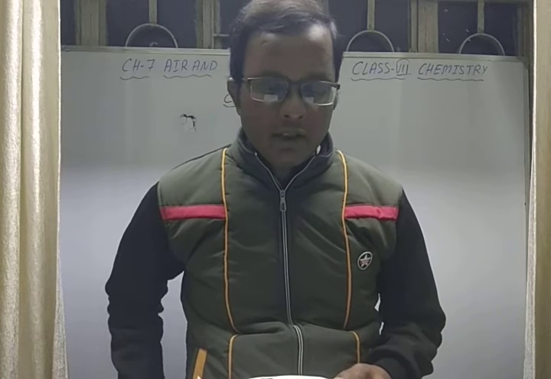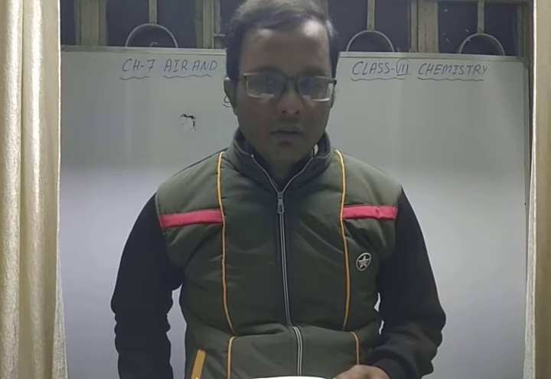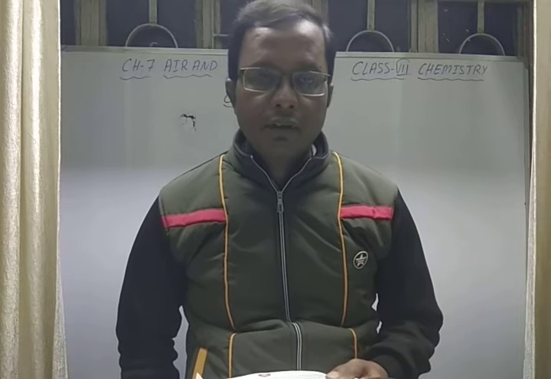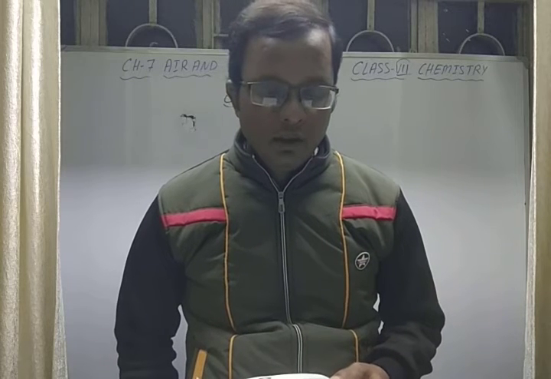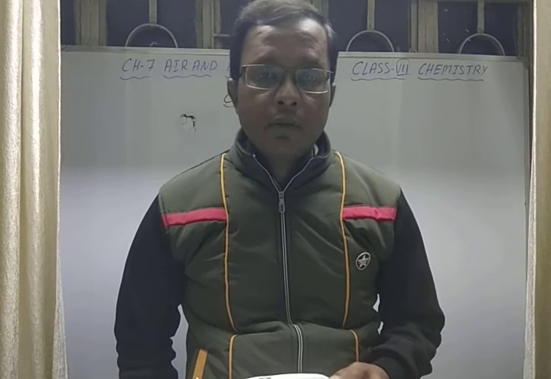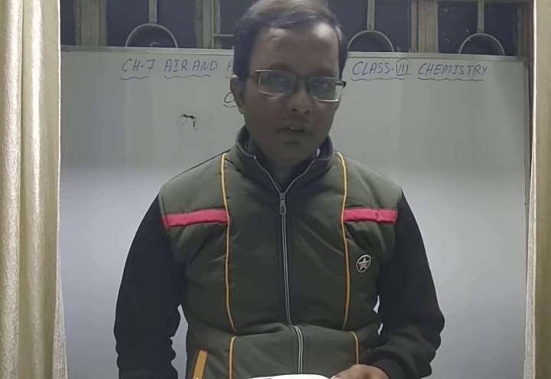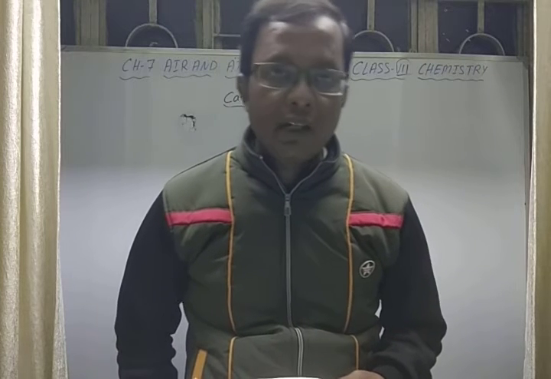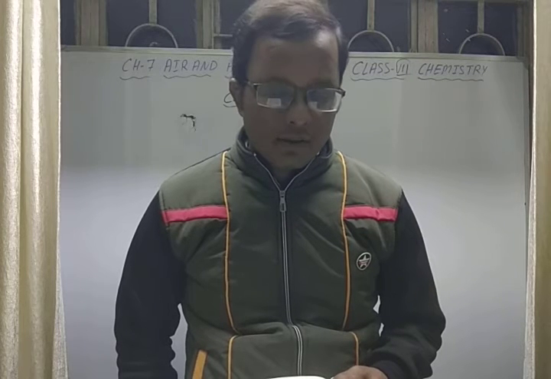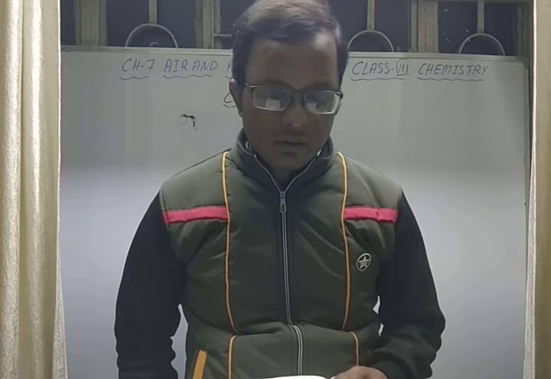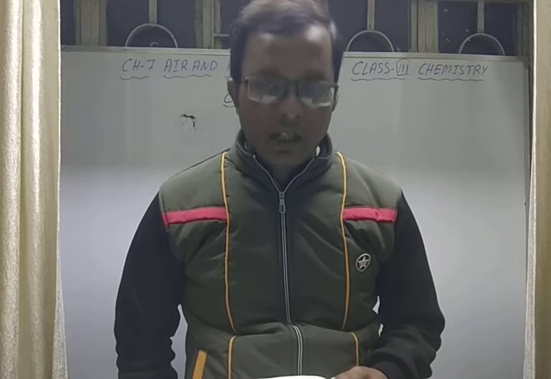So carbon dioxide is a gas that exists freely in the atmosphere. Its percentage is about 0.03, which is given in your book, that is less than 0.04, but it varies from place to place. This carbon dioxide gas was first discovered by Jan Baptista van Helmont.